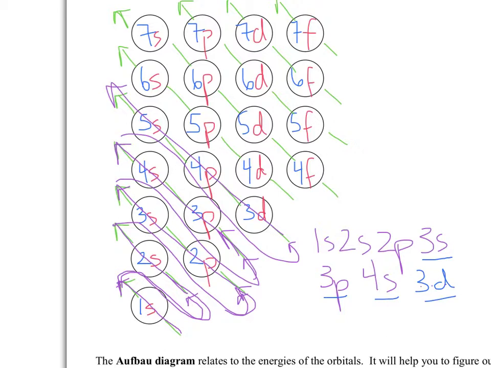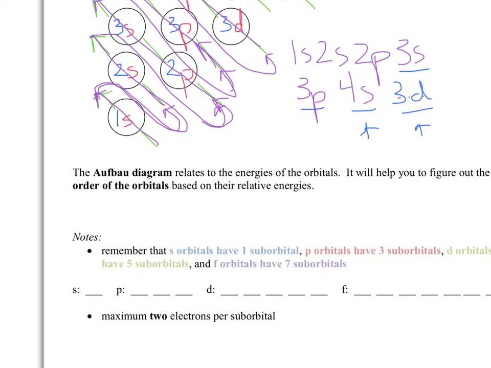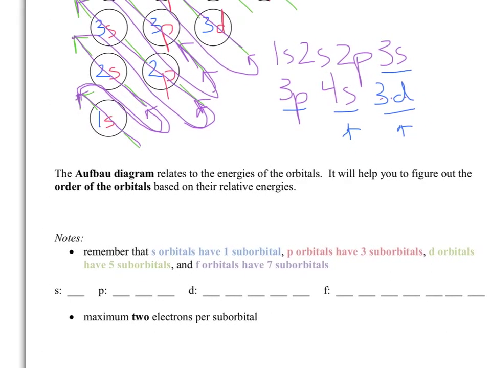There is evidence experimentally that tells us this, but on paper, when we're predicting, the Aufbau diagram helps us to figure out that 4s comes before 3d. An important piece to note is that the Aufbau diagram relates to the energies of the orbitals, and it will help us to figure out the order of the orbitals based on the relative energies.